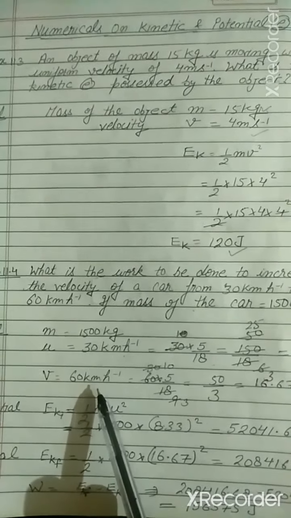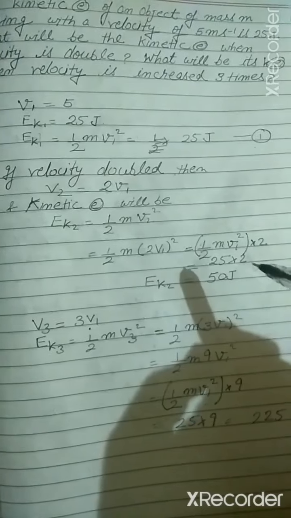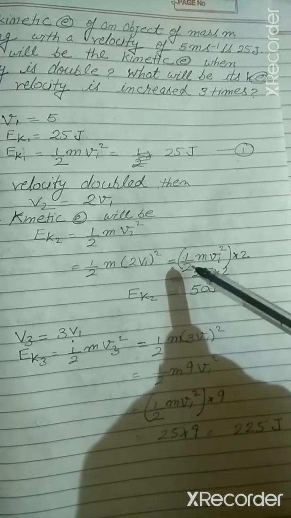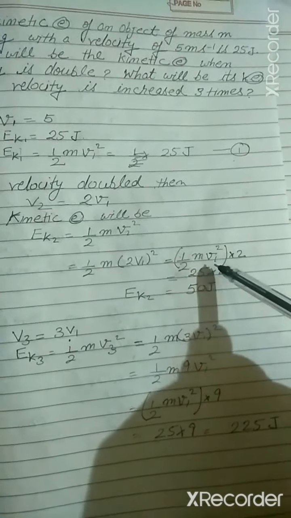So V2 is equal to 2V1, we put here half m (2V1) square. If we take it in a bracket, then it is half m V1 square and 4 comes outside. The value of half m V1 square from equation 1 is 25. So we put here 25 multiplied by 4. So the kinetic energy in the second case will come 50 joule.